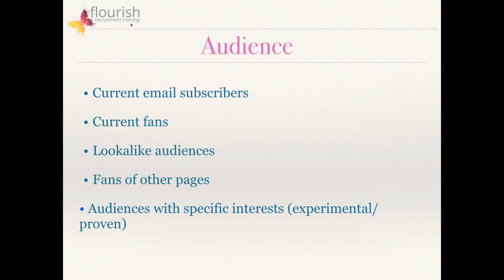When it's proven, which is your second list, is when you know that they actually respond. So when you've found an audience that responds to your adverts, you know it's proven, you can go to them again and again, and you can build up intelligence about these audiences. So you'll end up with two lists, experimental and proven, and over time you can ramp up and roll out your ads much quicker once you've got a proven audience that actually responds to your ads. And that's when things get quite exciting.